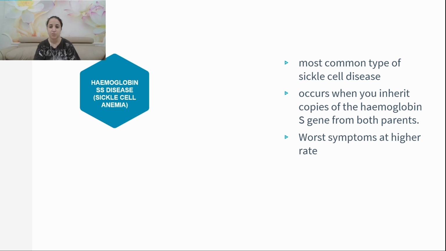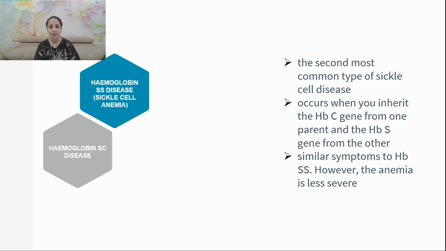It has the worst symptoms of all types and has a very high rate of symptoms. The second being hemoglobin SC disease. This is the second most common type of sickle cell disease. It occurs when you inherit one hemoglobin C gene from one parent and one hemoglobin S gene from the other parent. The symptoms are similar to hemoglobin SS disease, however the anemia is less severe.